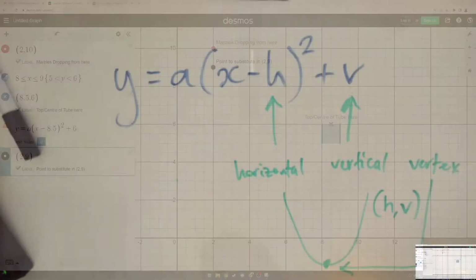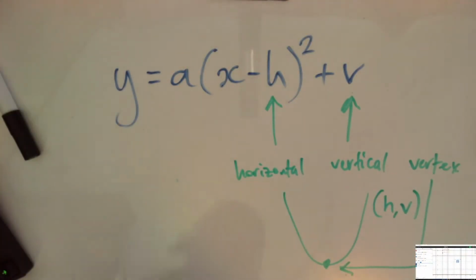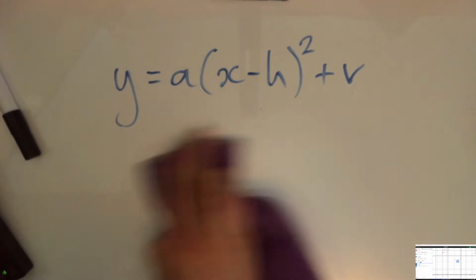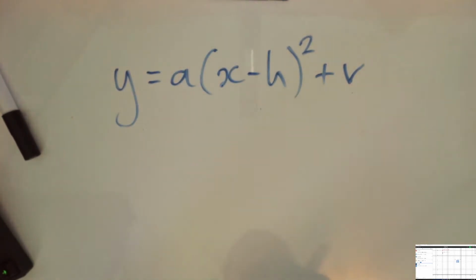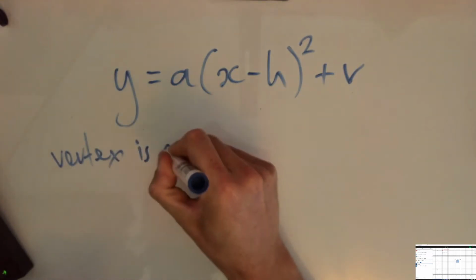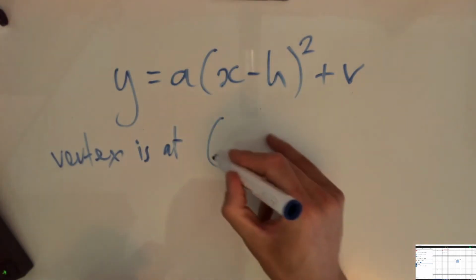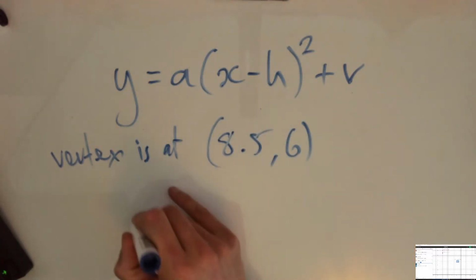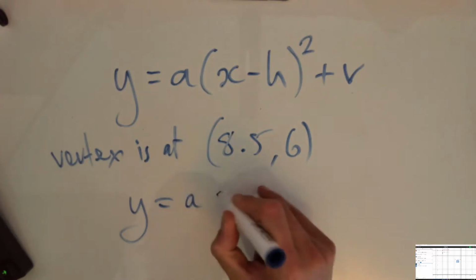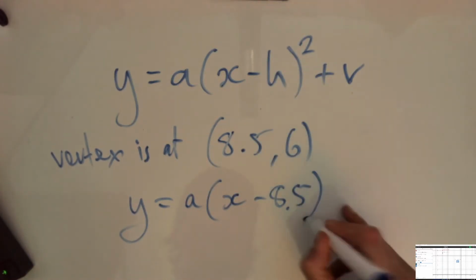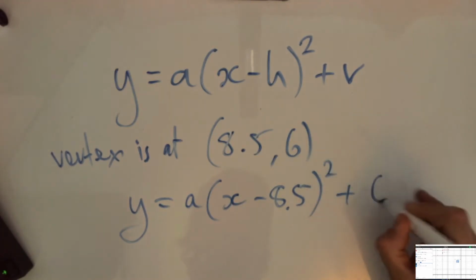So let's go back and do some maths then. We can get rid of all this stuff. We know what vertexes do now, so let's rub that out. We can just say the vertex is at (8.5, 6), as we decided. So now we can find this: y equals a(x minus 8.5) squared plus 6.